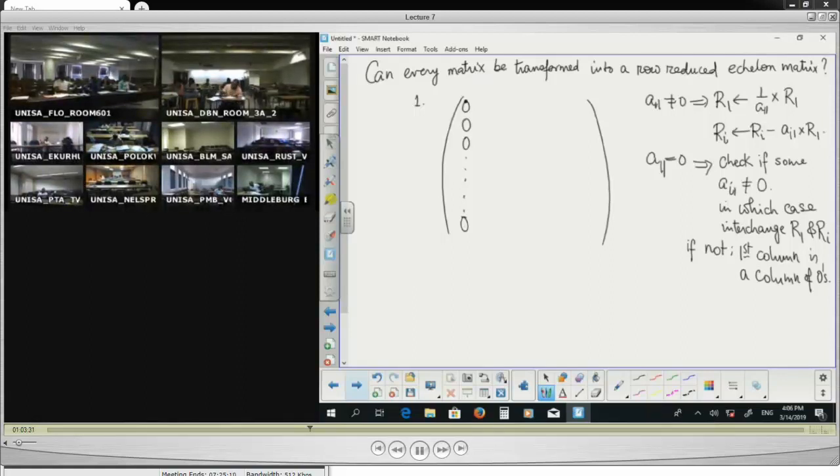So suppose you find something over here non-zero. Then this is your first leading entry. First row, first leading entry. Okay?